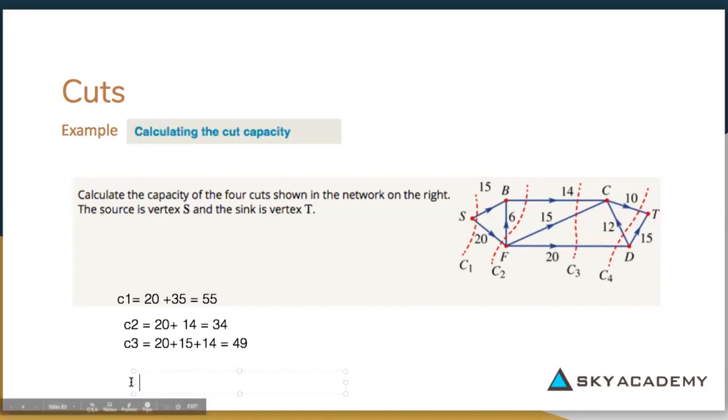So the capacity of cut 4 would be 20 plus 10, which is 30. So C4 equals 20 plus 10, which equals 30. That would be the capacity of our 4 cuts. You only include the edges that are on a valid cut that are flowing from the source to the sink.